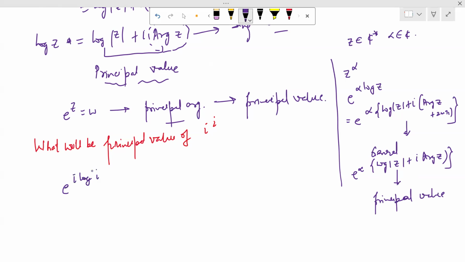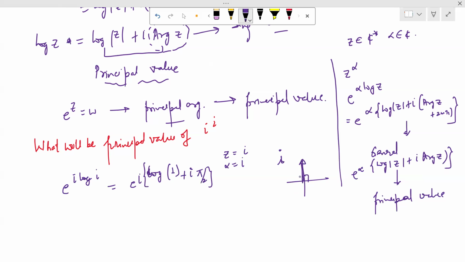And log iota will be log of mod z, where z is iota and alpha is also iota, so log 1 plus iota pi upon 2, because the principal argument of iota, which lies on this axis, is pi by 2.